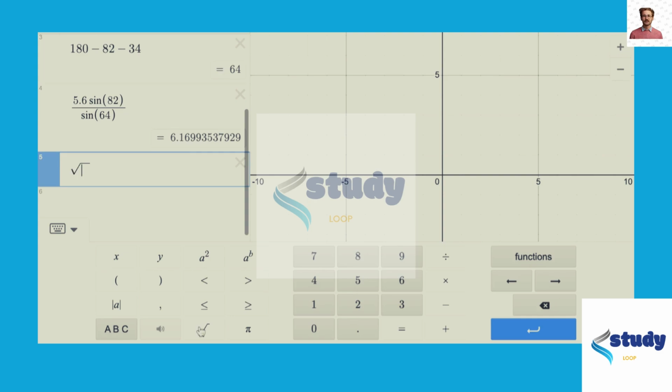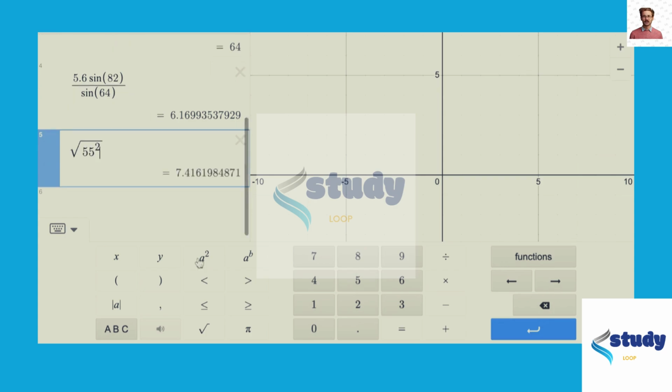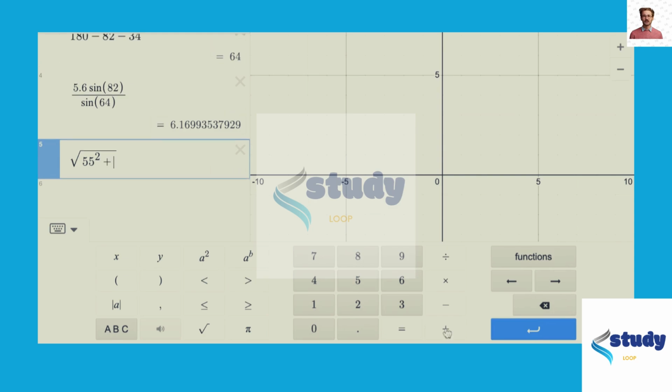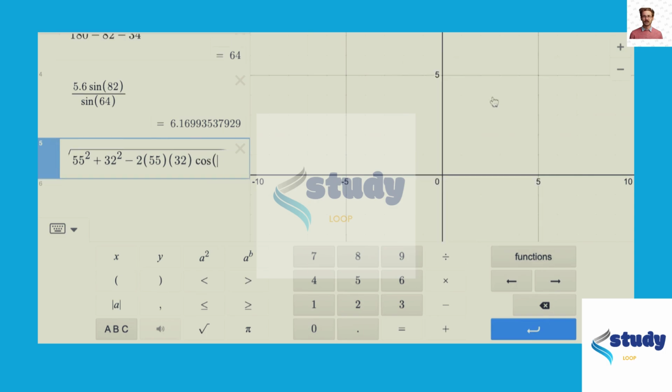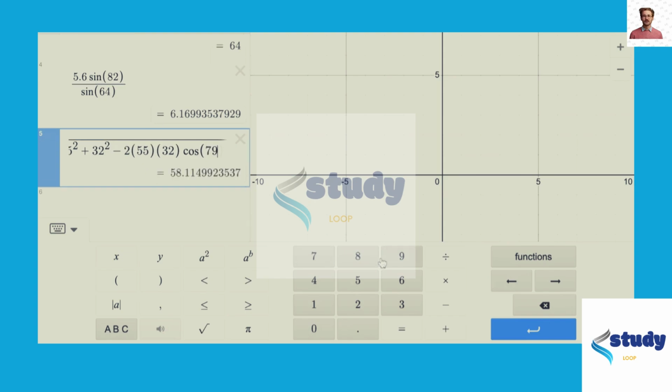The square root of 55 squared plus 32 squared minus 2 times 55 times 32 times the cosine of 79 degrees is about 58.1.